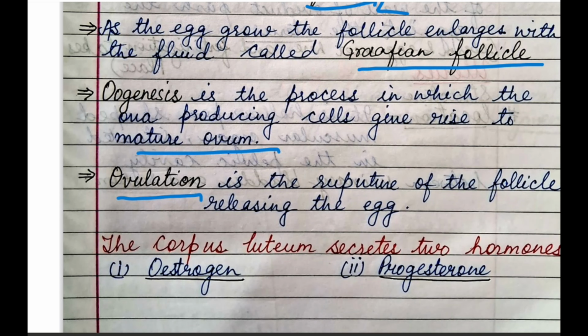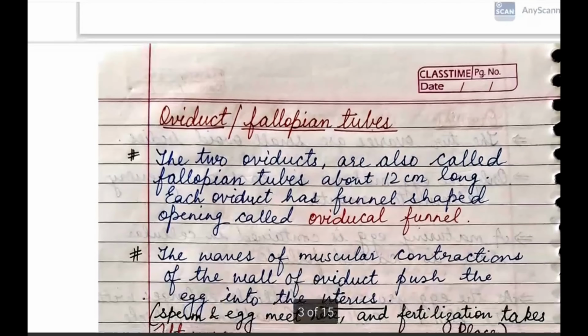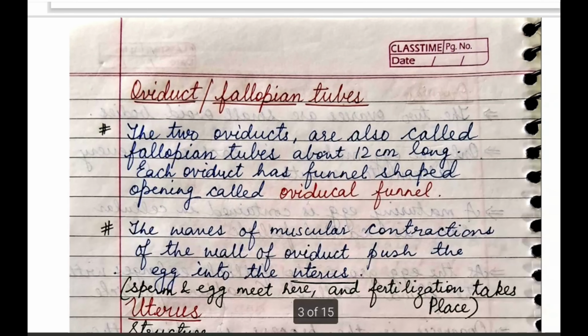It is a yellow shaped body which is formed. This corpus luteum secretes 2 hormones, that is estrogen and progesterone. Its function we will study later on.